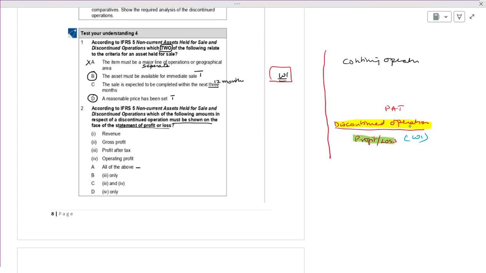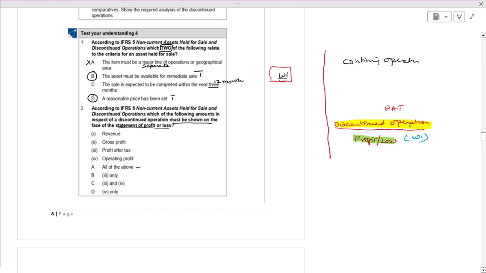In that, are we showing revenue? No. We are showing revenue separately, but not there.